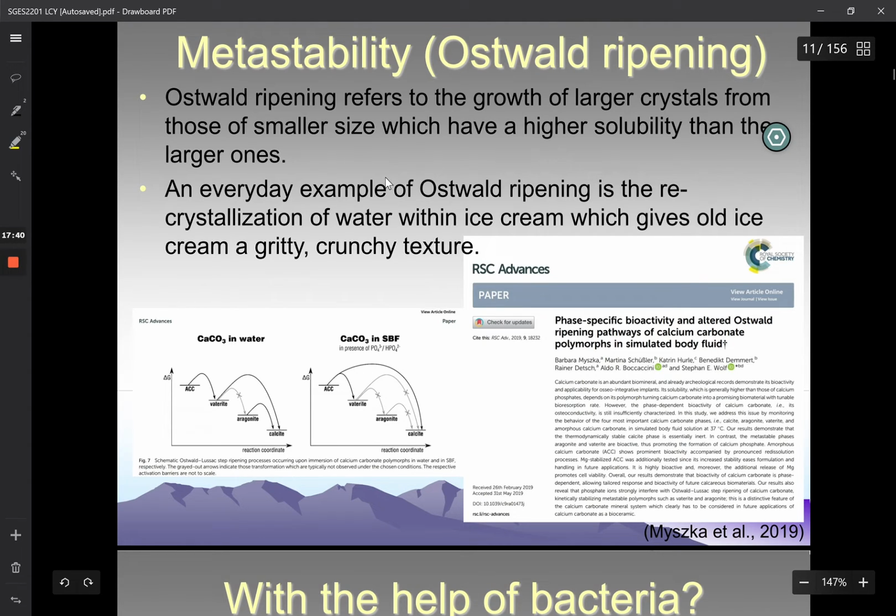So Ostwald ripening refers to the growth of larger crystals from those of smaller size, which have a higher solubility than the larger ones. An everyday example of Ostwald ripening is the recrystallization of water within ice cream, which gives old ice cream a gritty or crunchy texture.